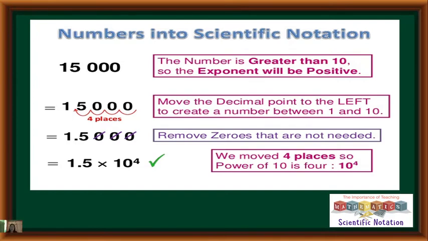Where is the original location of our decimal point? Right after 0, right? Right after 0. And where should be the final location of the decimal point? It should be what? Greater than or equal to 1 but less than 10.